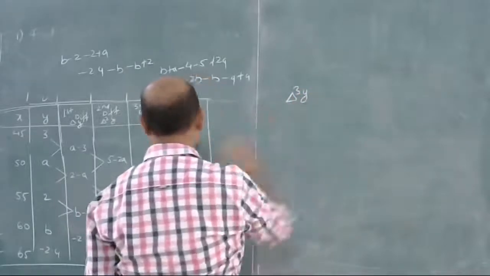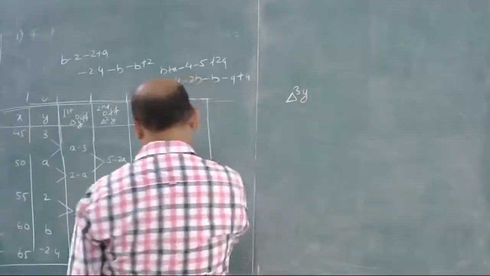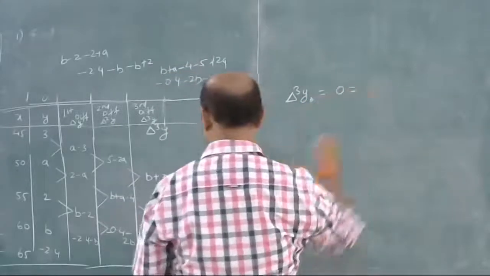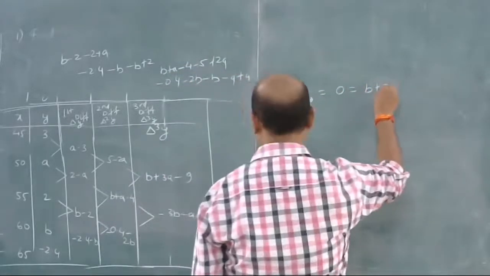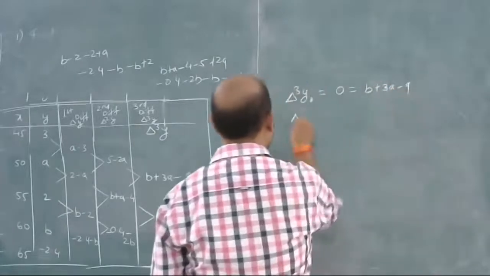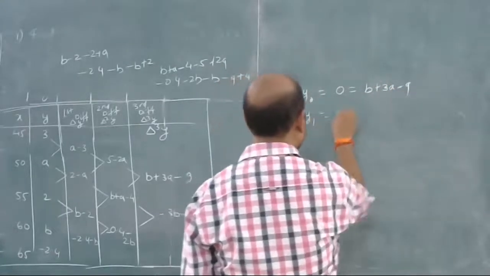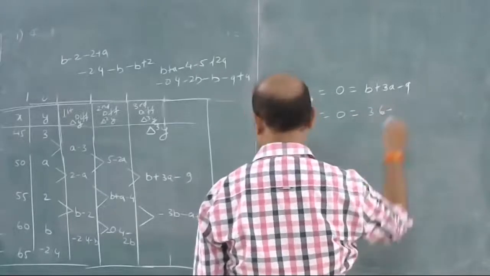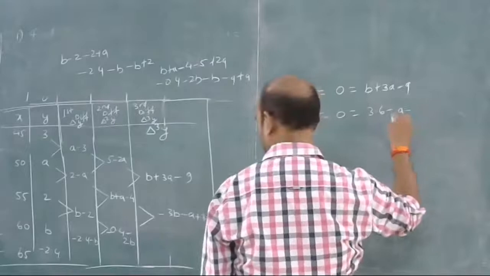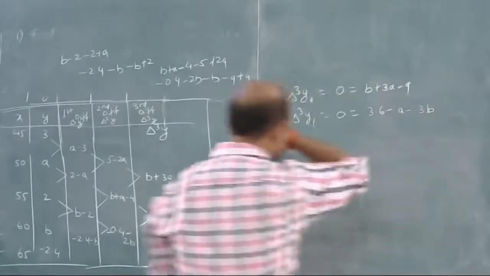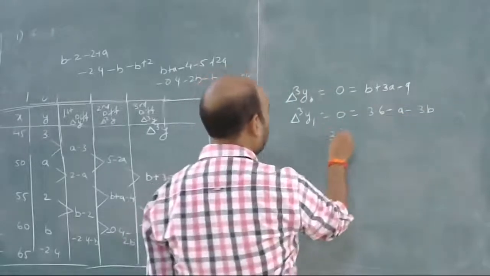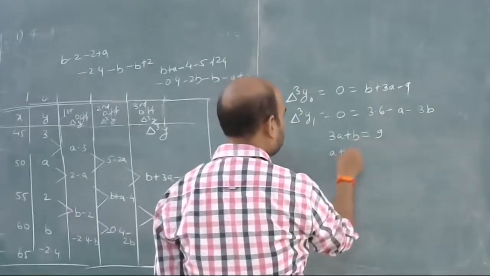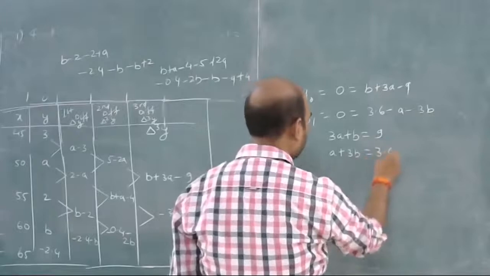So this is del cube y naught is equal to 0. Okay, so this is b plus 3a minus 9, and del cube y1 is equal to 0 is 3.6 minus a minus 3b. Okay, so this can be written as 3a plus b is equal to 9, and from here a plus 3b is equal to 3.6.